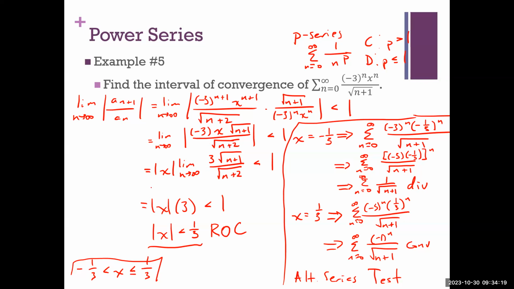So I call this the radius of convergence. I call this more specific thing the interval of convergence. So the radius will not tell you what happens at x equals 1/3 and x equals -1/3. You have to do a little bit more digging, some kind of case testing to figure that out.